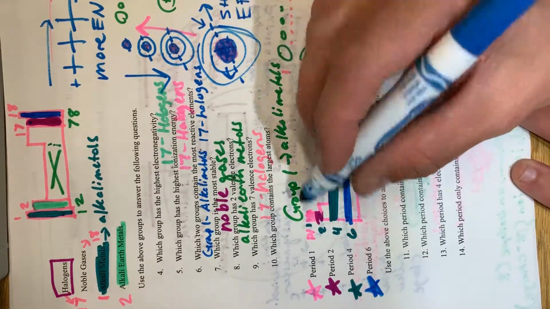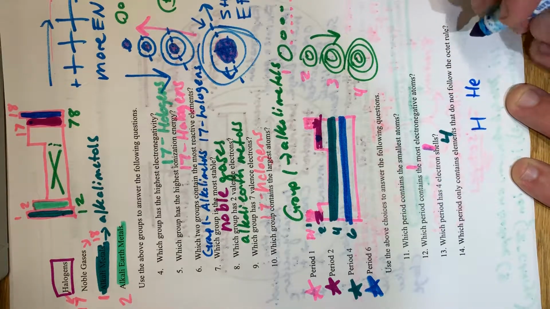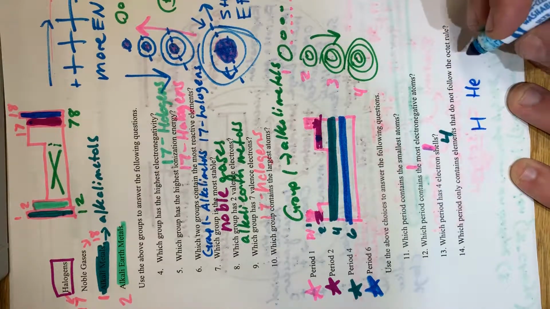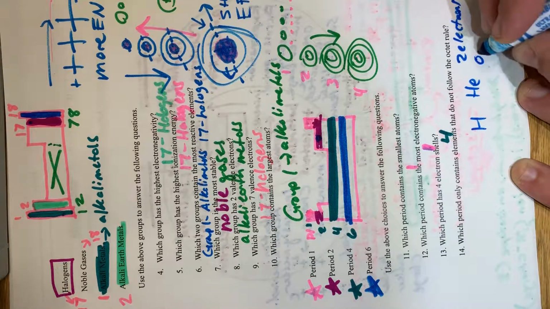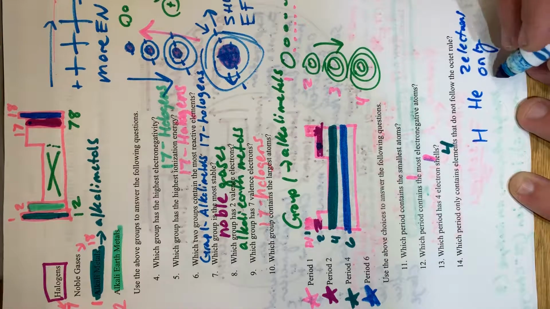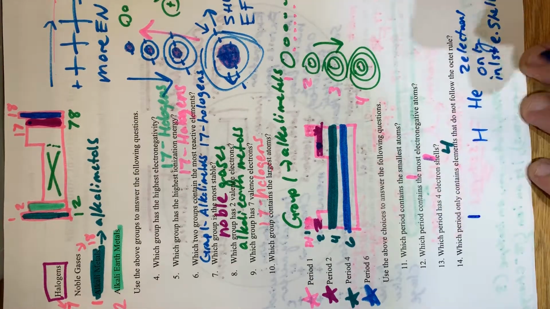But period 1 only has hydrogen and helium, and they only want 2 because the first electron shell can only hold 2 electrons. So it would have to be 1.